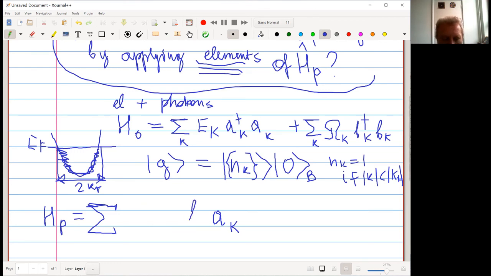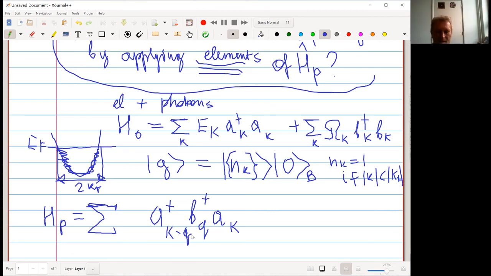I want to create a boson with wave vector q. Then owing to momentum conservation, the created electron has momentum k minus q.